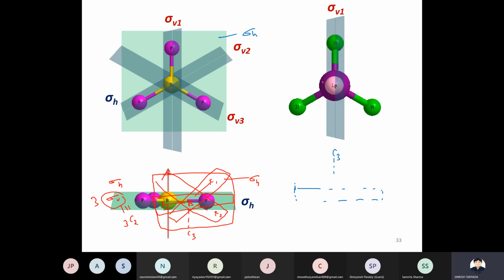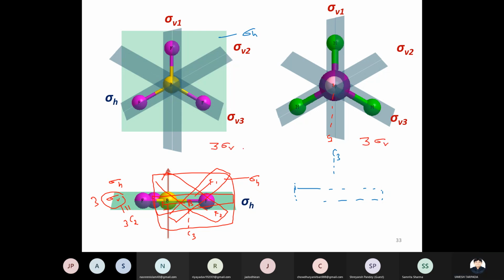So of course, passing through the principal axis, there are 3 sigma V. This is 1 sigma V, this is 2, and this is 3. But you cannot take a sigma H. Otherwise, the lone pair on your side would be reflected on the back side, so that is not a similar structure. So this molecule has only 3 sigma V. Here 3 sigma V is there and 1 sigma H is also there.